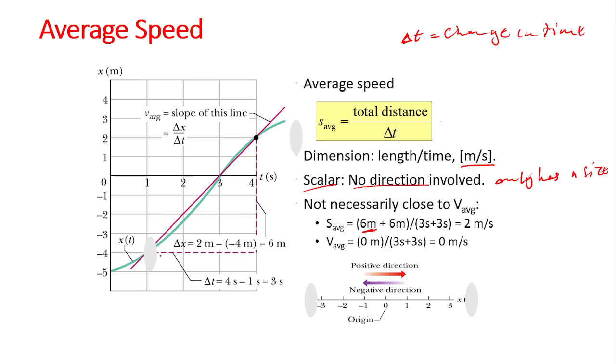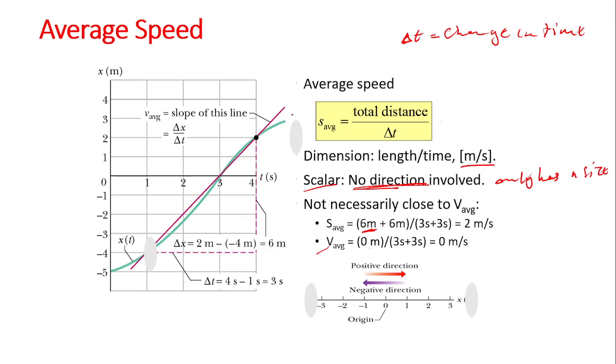So if you look at average speed, we are going to consider 6 plus 6. Why? Because it has no direction. But for average velocity, it's going to be 6 minus 6, which makes it 0, because this object has moved in the opposite direction.